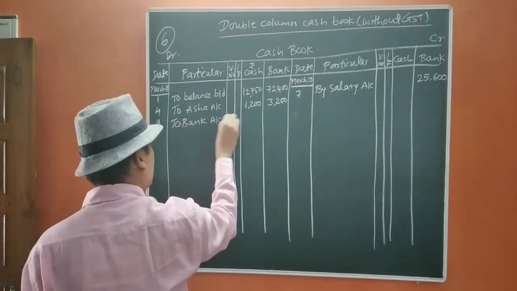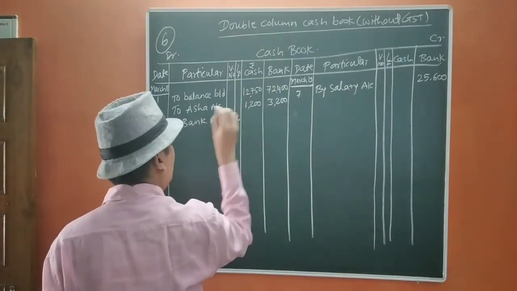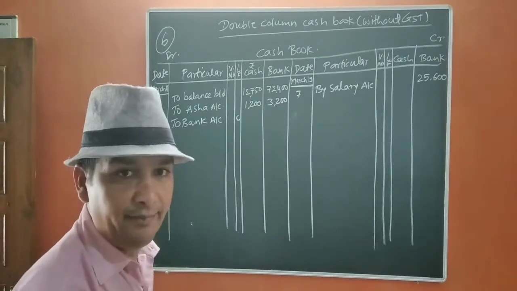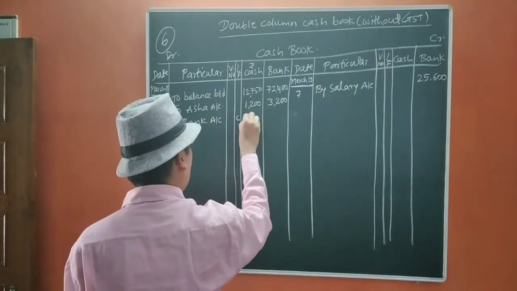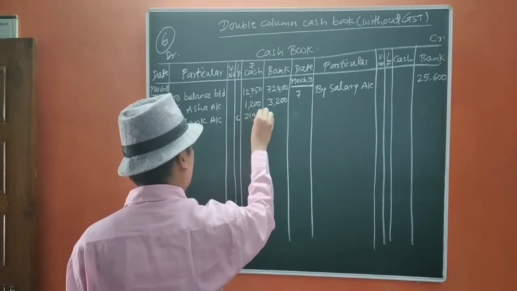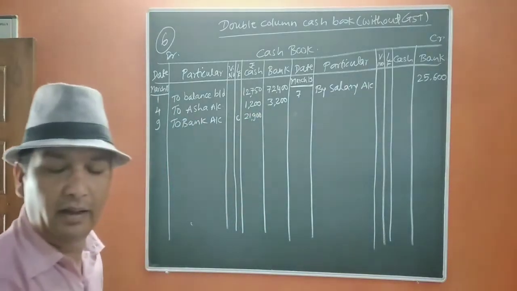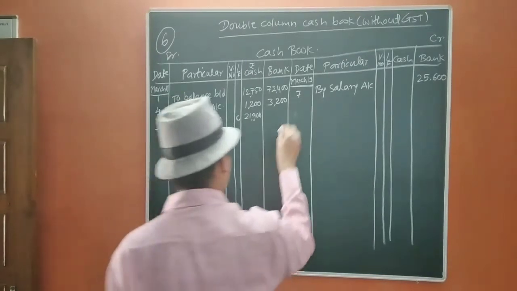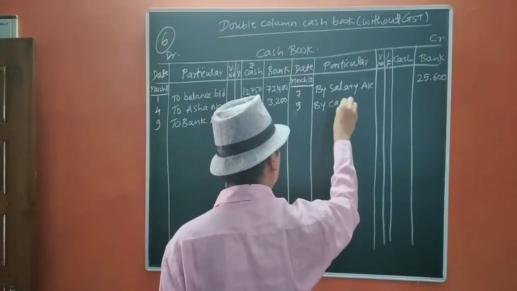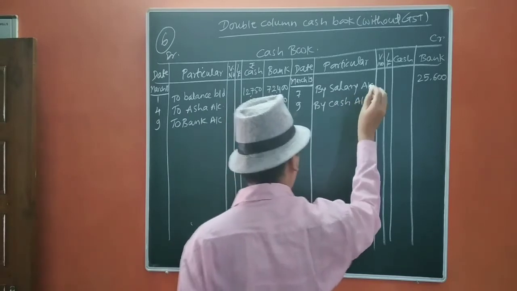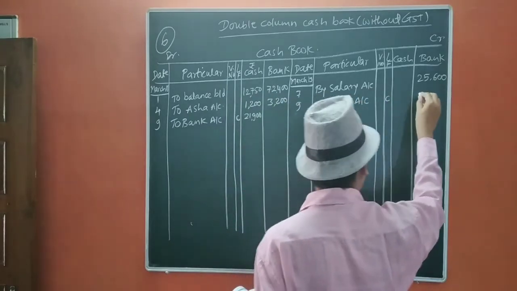Okay, this is contra. In LF you have to write C. Okay, and the amount is 21,900 and the same amount we are going to write this side by cash account because bank is credited with the same amount.